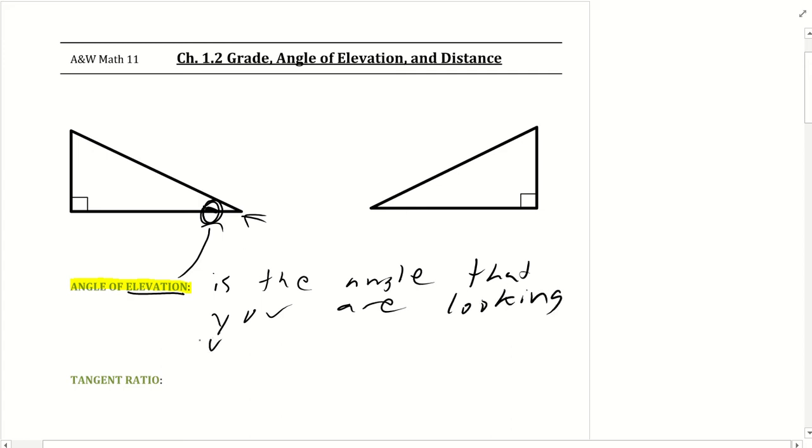Oops, don't forget a G. And this is the base here, which hopefully you'll also make a connection: your base in this case is also your horizontal, which is your run.